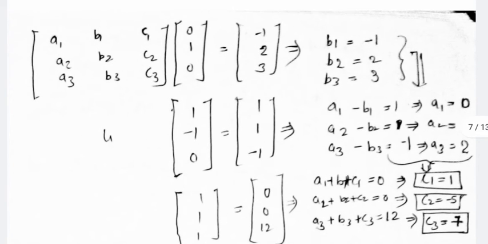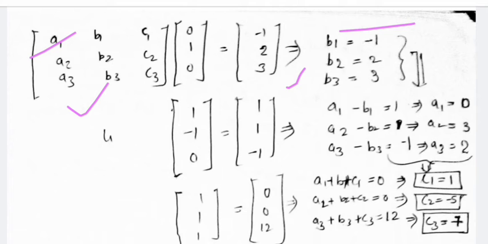Why? Because let's assume that M is A1 B1 C1 in the first row, A2 B2 C2 in the second row and A3 B3 C3 in the third row, since M is a 3 into 3 matrix. Just putting the values into the given equation, we solve.